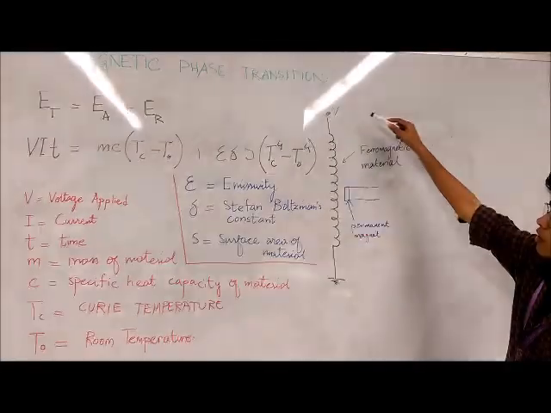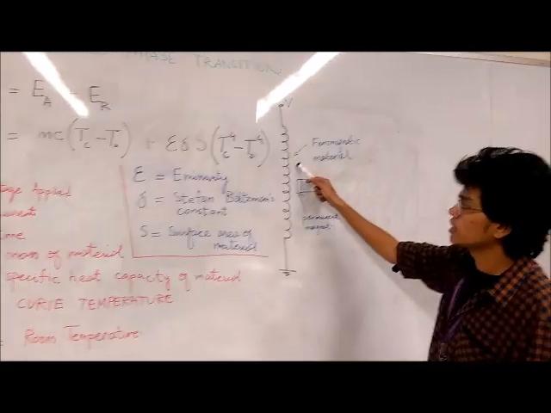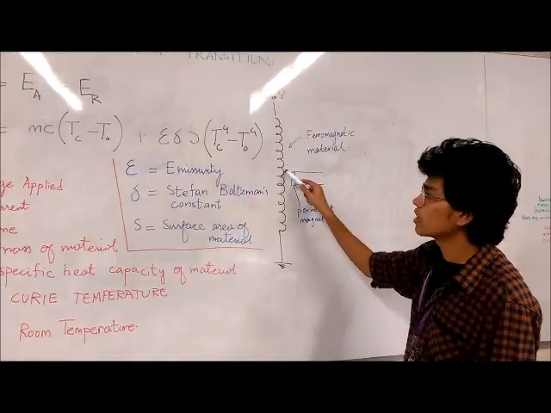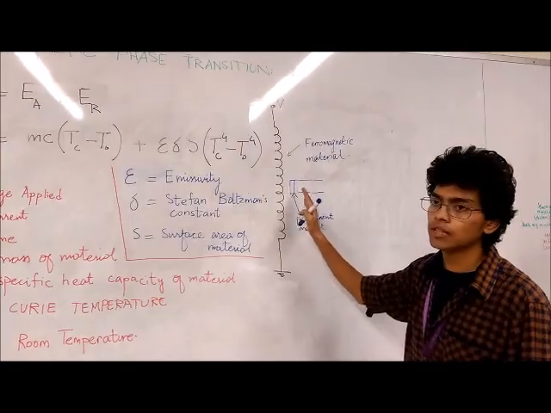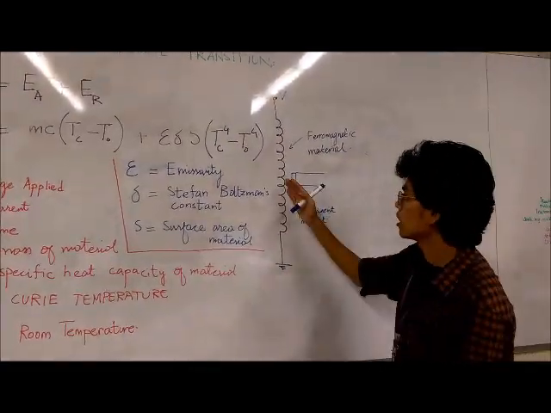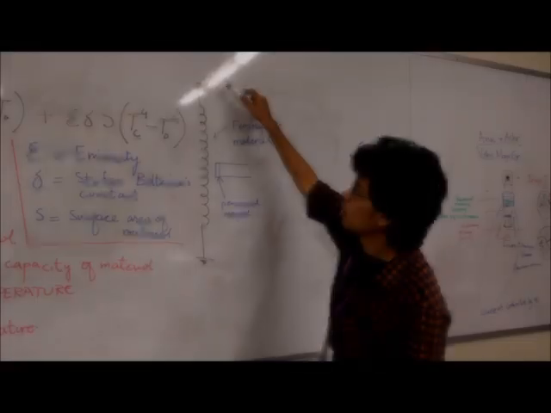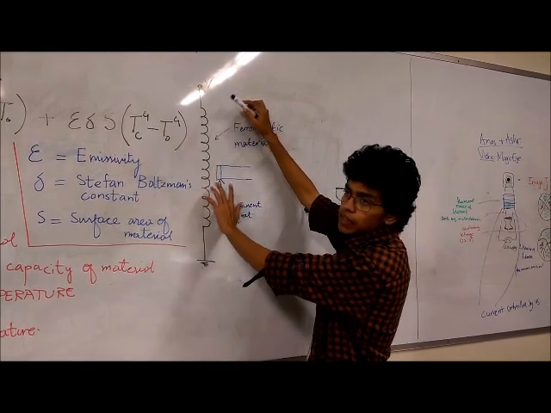Here we have our ferromagnetic material. It is in the presence of this magnetic field. Right now all of its domains are aligned with this magnetic field and it's attracting this magnet. Right now it's magnetized and connected to this magnet.